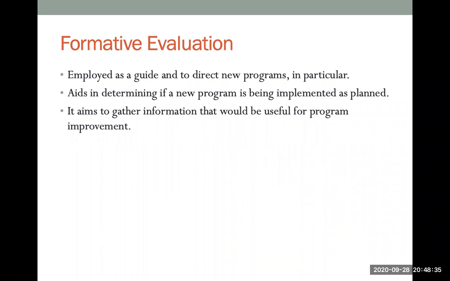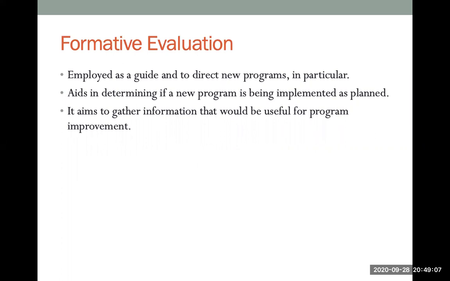The way that we find out if we're implementing this new program as we planned it out is that we're gathering information from interviewing staff or clients, reviewing agency records, looking at progress notes, and also observing the program itself. How are participants engaging in the program? What do we see occurring in the program? Because what it aims to give us is useful information on how this information will help improve the program itself.